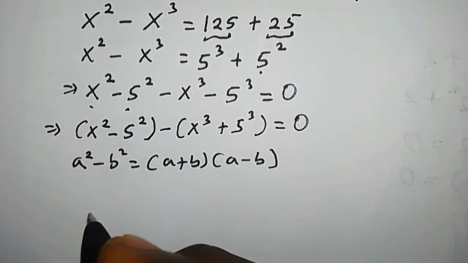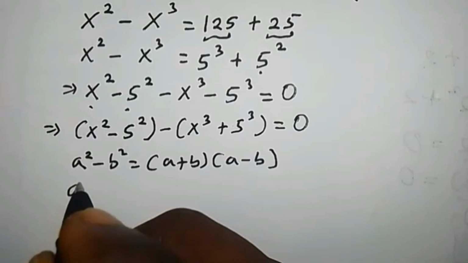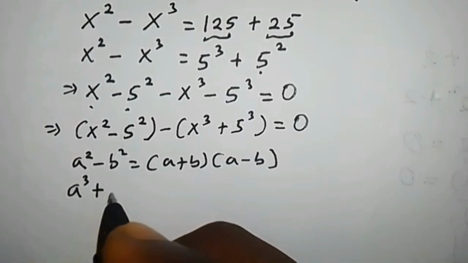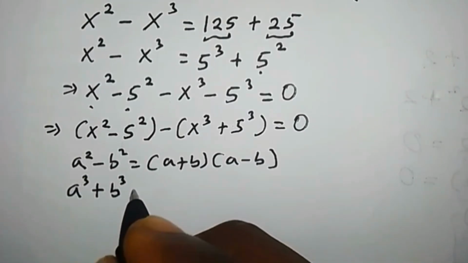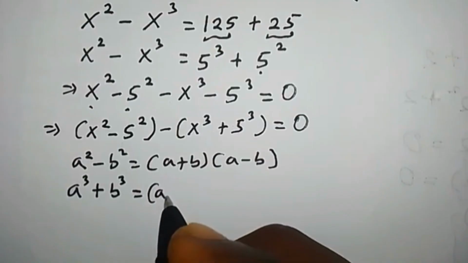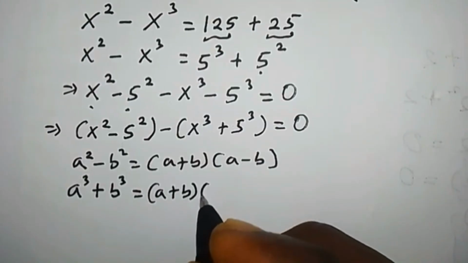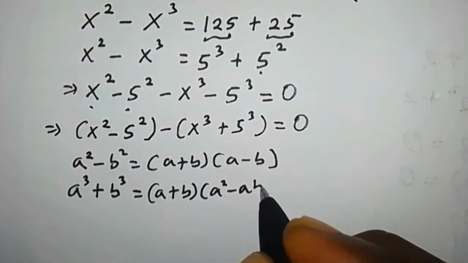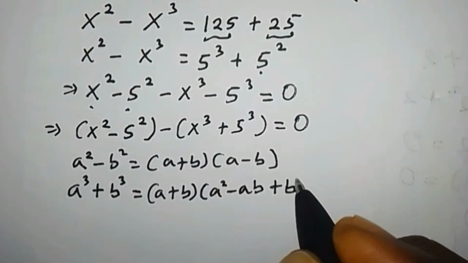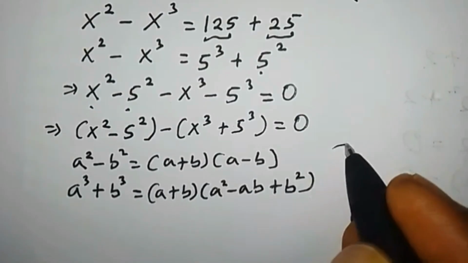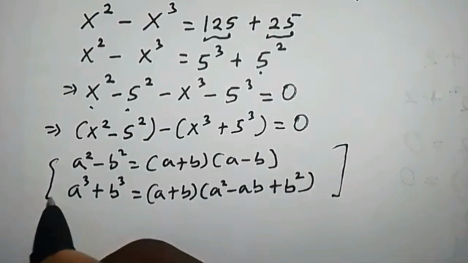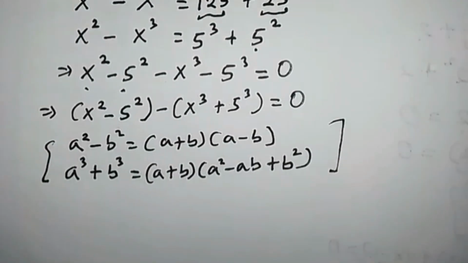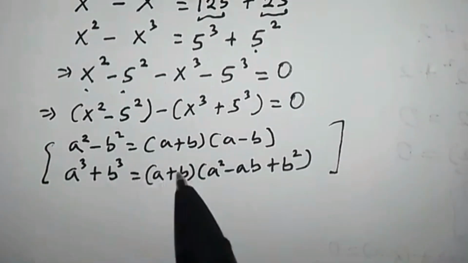The second identity is the sum of 2 cubes, which is a to the power of 3 plus b to the power of 3 equal to a plus b times a square minus ab plus b square. Take note of these two identities. They are very useful. Now, let us take it one by one.